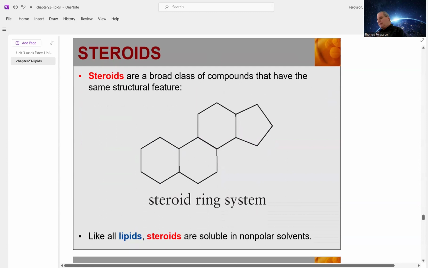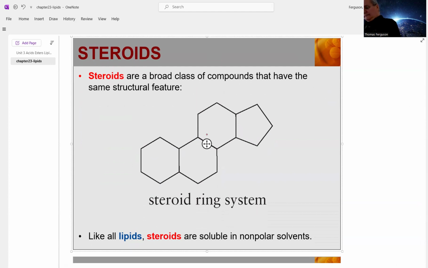Now, steroids are also lipids, but they don't have an ester bond in it, so they're not saponifiable. This basic system of a steroid, you need to know this. Okay, it's got 3 6-carbon structures and a 5-carbon structure.